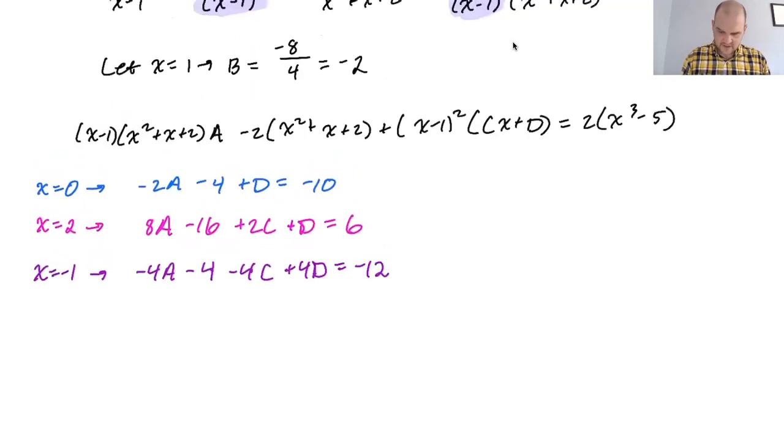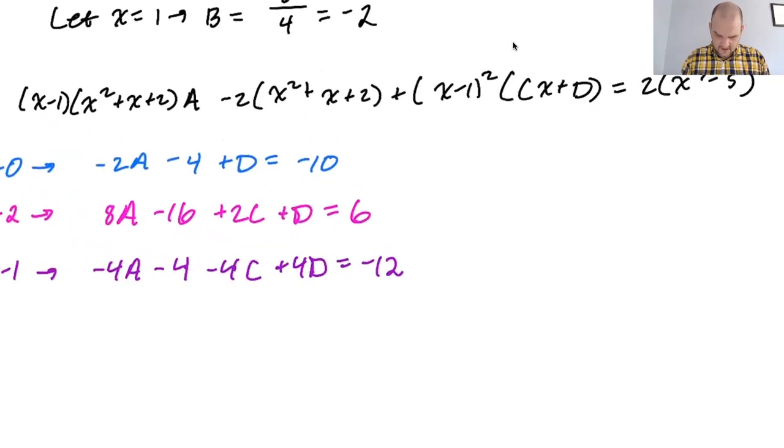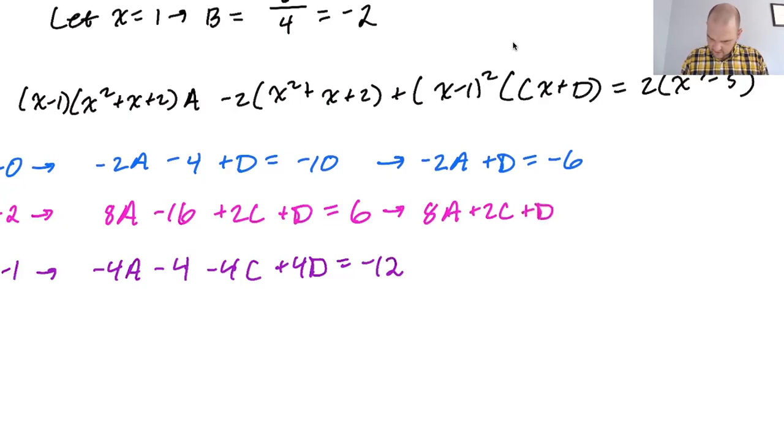So let's do some work on each of these. Here I'm going to have -2a plus d equals -6. Okay. This one, there's really not much that simplifies, but it does a little bit. Basically, right now I'm avoiding doing algebra, which is kind of sad. So 8a plus 2c plus d equals 22, I think.